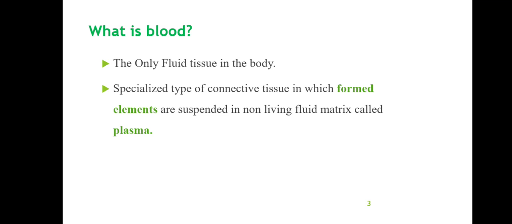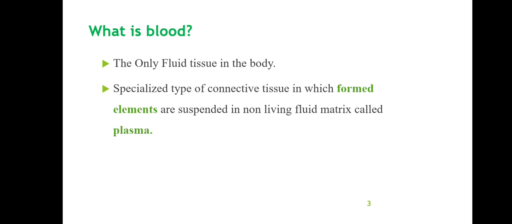We looked at other tissues, the muscle tissue, connective tissue, nerve tissue, and blood is also featuring to be the only fluid tissue in the body. This is a specialized type of connective tissue in which formed elements are suspended in a non-living fluid matrix called the plasma. So this is basically a description that I can give today about what blood is.